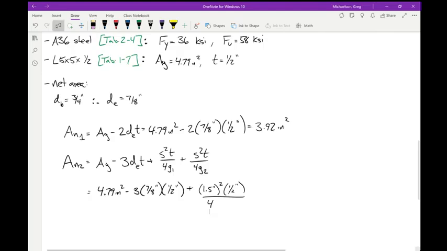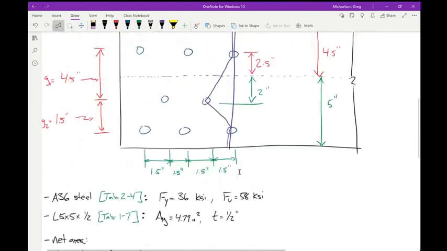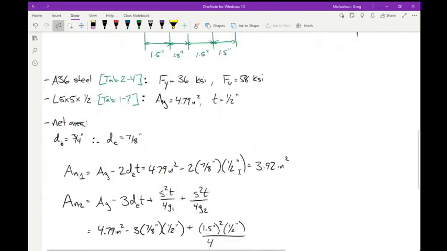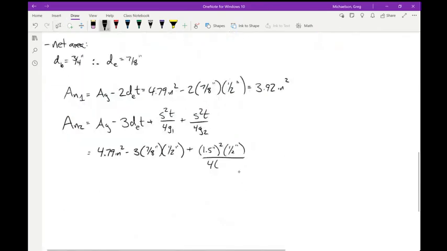And then I'm going to have to scroll up for this because we have a G1 and a G2. One of them is 4 1/2 inches and the other is 1 1/2 inches. So 4 times 4.5 inches plus 1.5 inches squared times a 1/2 inch. And then 4 times 1.5 inches.